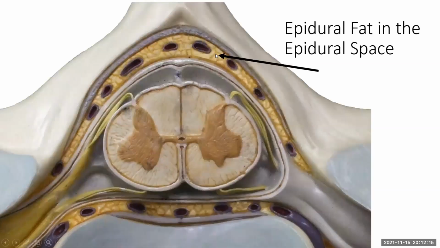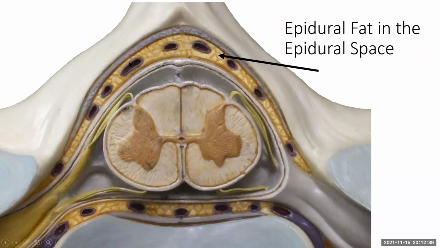Then we go a little bit deeper, and we are actually in the epidural space. Well, it's not an empty space. It's filled with fat, so we call that the epidural fat. You'll notice there's quite a bit of blood vessels here. This is a great place to give drugs to people, especially when you have to give an epidural. Adipose tissue is highly vascularized.